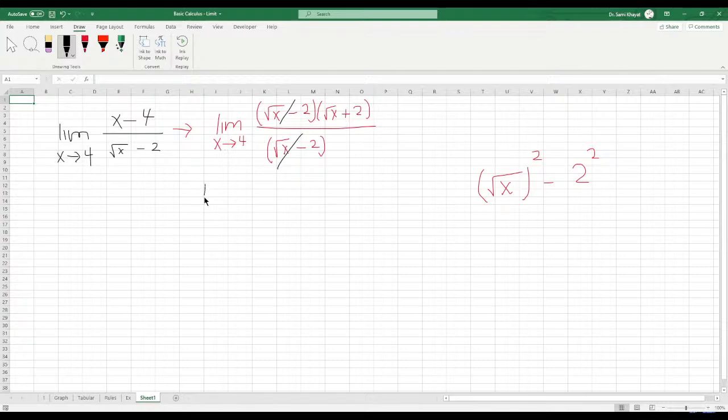That's why the final will be the limit of x approaching 4 of square root of x plus 2. And then the final answer will be 4.